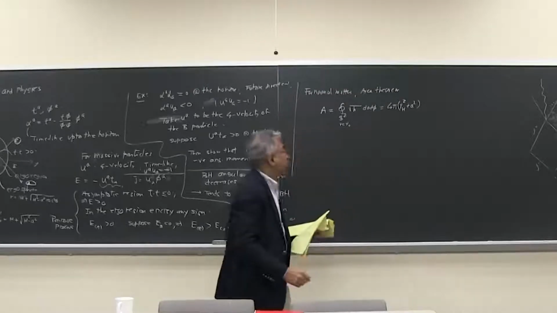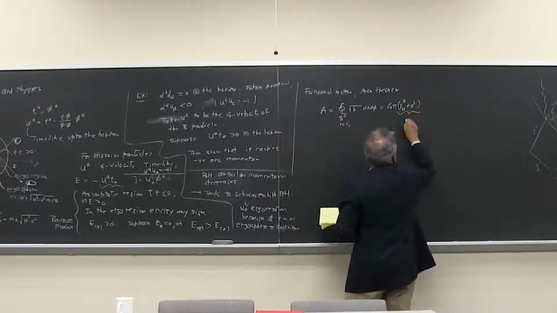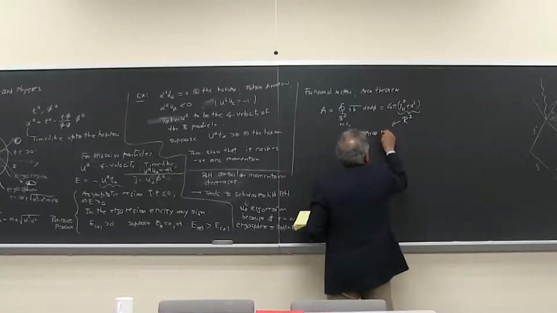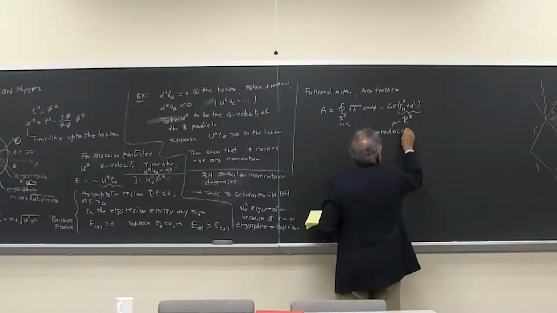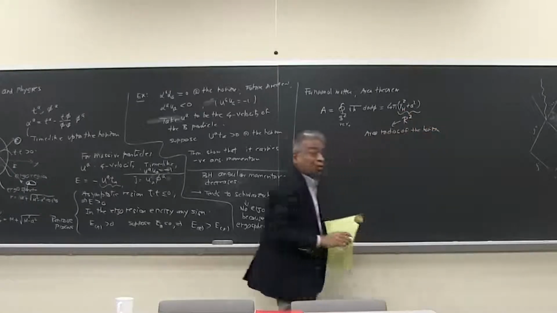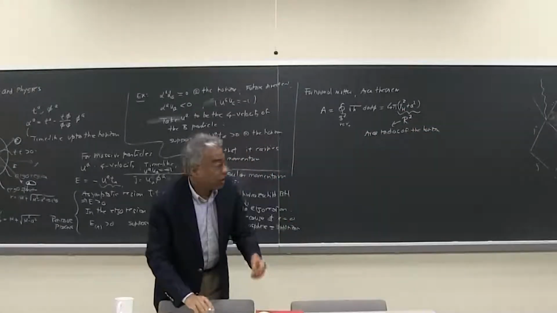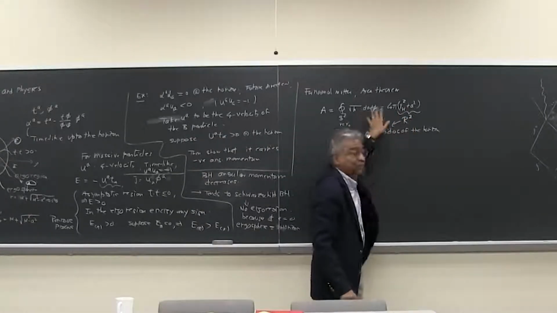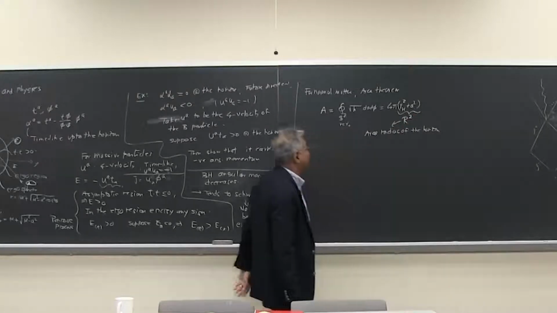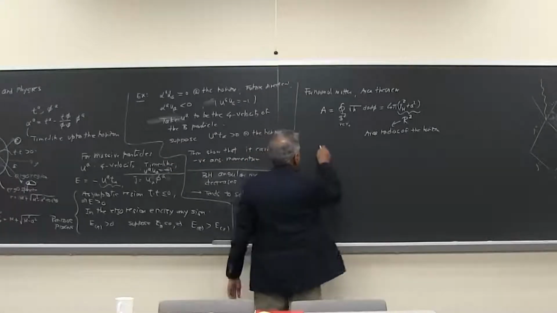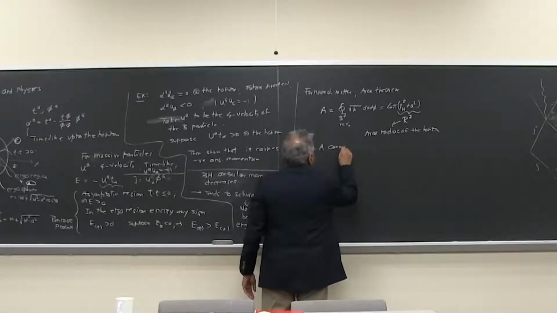So r was a coordinate, and r_H squared plus a squared gives the proper area. r_H is the coordinate radius in our Boyer-Lindquist coordinates, but for the proper radius you take the square root of the metric and see what you get. You will get that answer. So therefore, the area cannot decrease in the process.